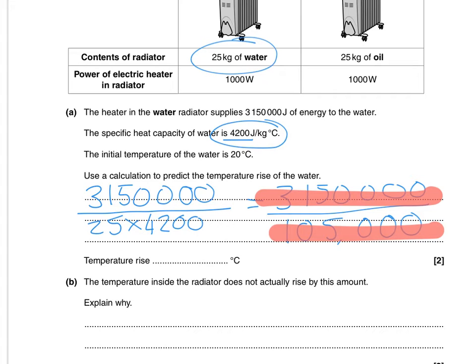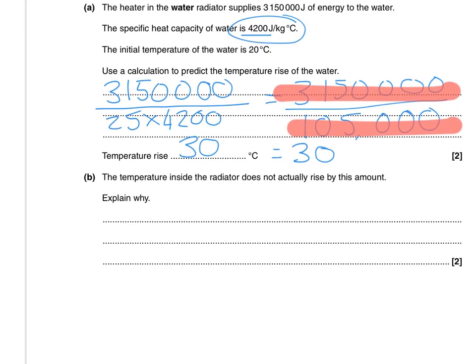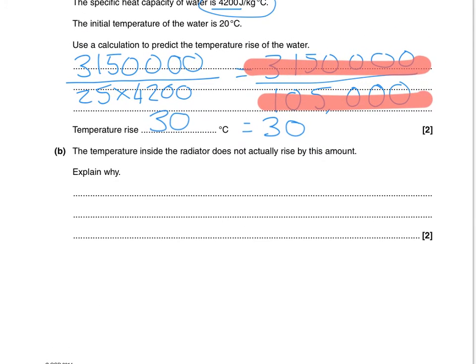And if we press equals on our calculator, we end up with 30. So the temperature rise is 30 degrees C. Okay? Again, quite a complicated one, that. Quite hard to get your head around. If you need any more help, obviously come see me, and we can have a little chat about it.